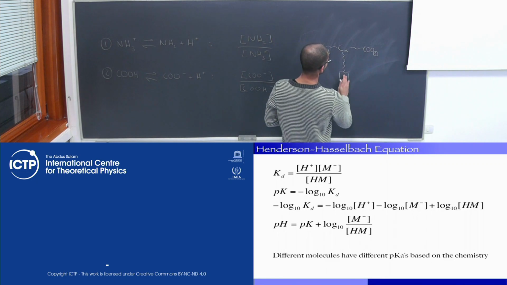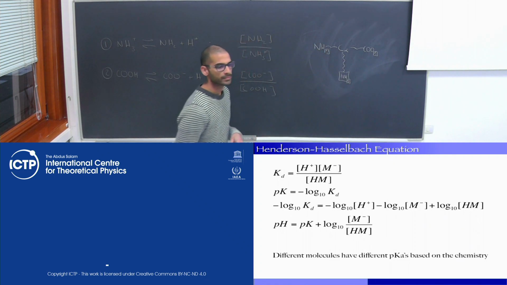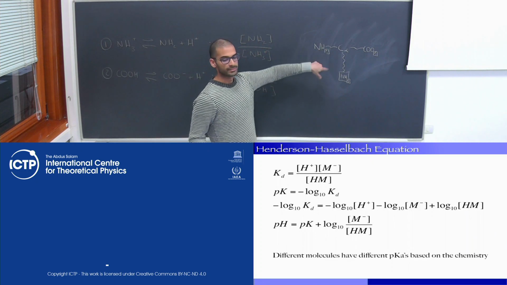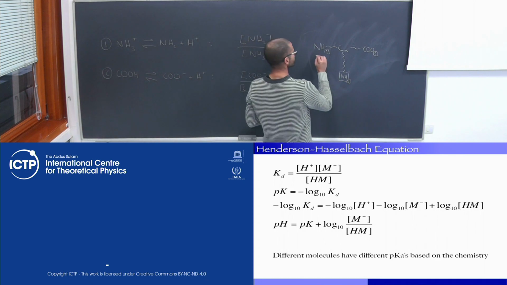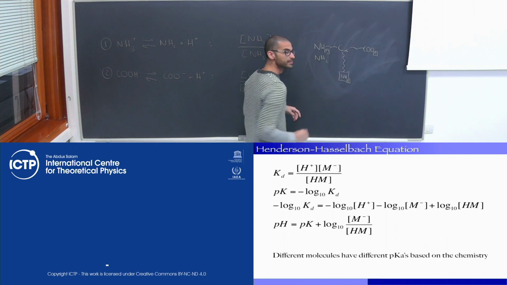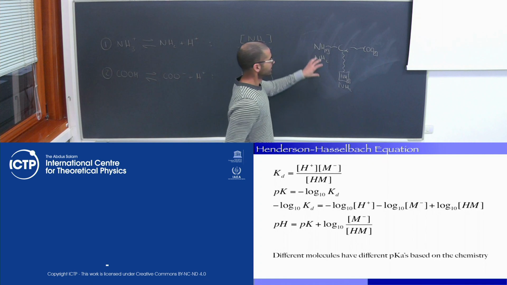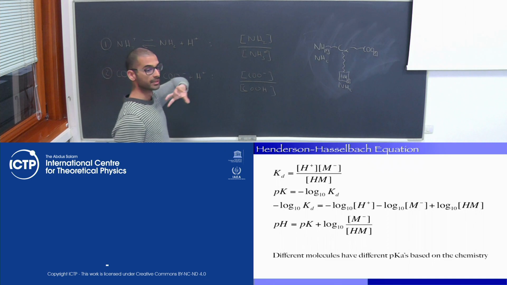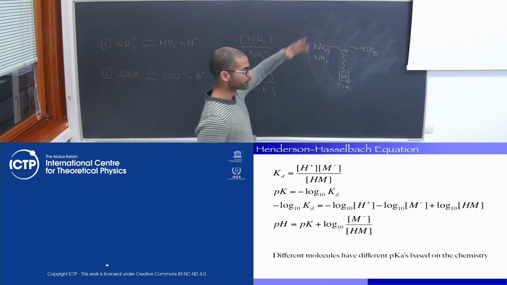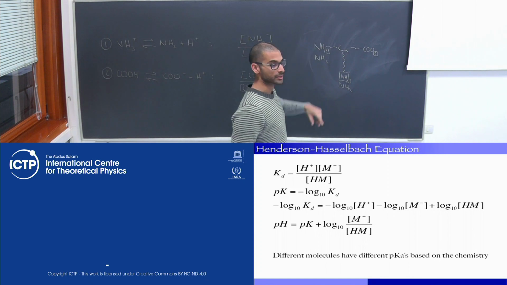And here I also have an NH question mark. So you need to figure out what these groups are. Okay, I'll give you a hint. You have to start with NH2. And now you have to think about this equilibrium and how this equilibrium changes as a function of pH. So at different pH values, this will have a different protonation state.